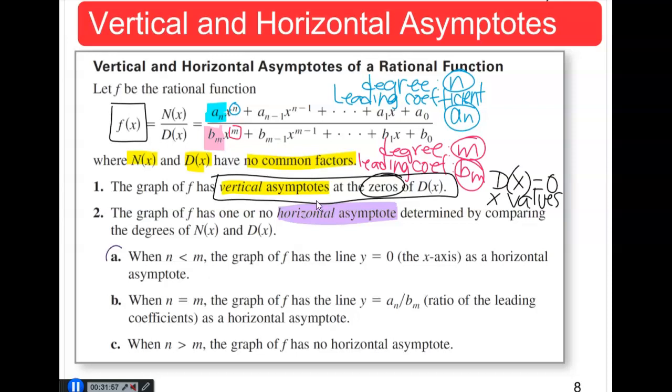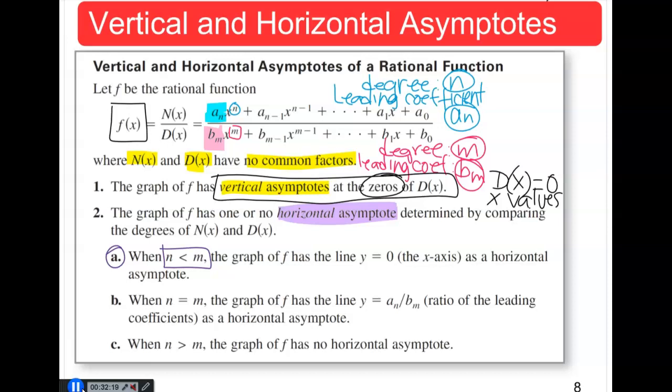So type A is when the degree n is less than m. So we're saying that the degree of the denominator is greater, right?